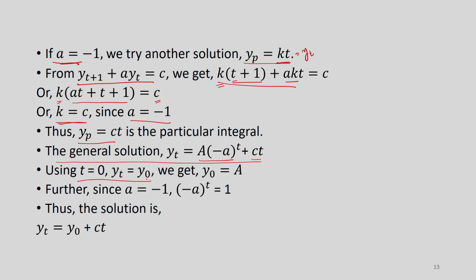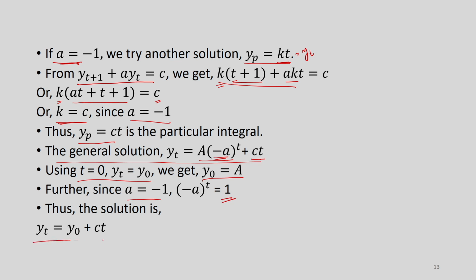If I put t is equal to 0, this part vanishes. So, capital A will be equal to y0. Further, since a is equal to minus 1, minus a to the power t becomes 1.